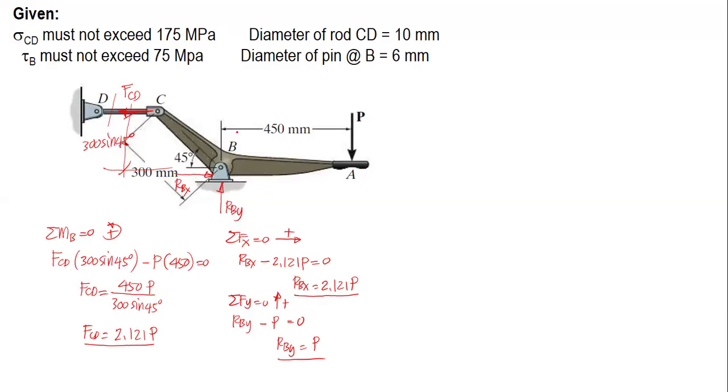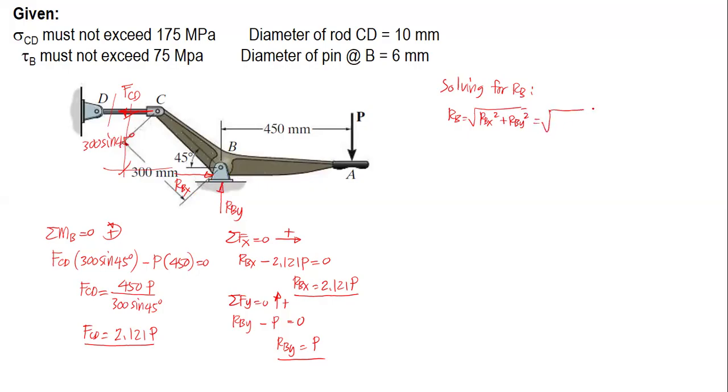After this, we will solve for the resultant or the reaction at B. So solving for RB, RB is the square root of RBX squared plus RBY squared.